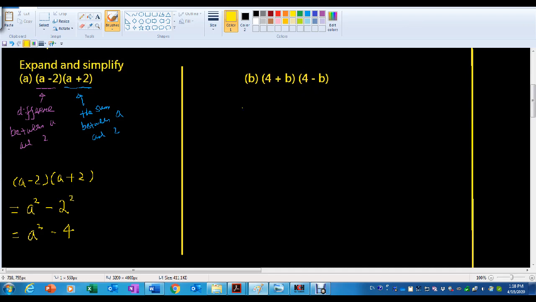You might put the difference in front of the sum, or the other way around, and you will always have the same answer, because in multiplication you can change the order of the two terms. In this case, we are going to apply the same skill. I'll give you a few seconds to think about your answers.